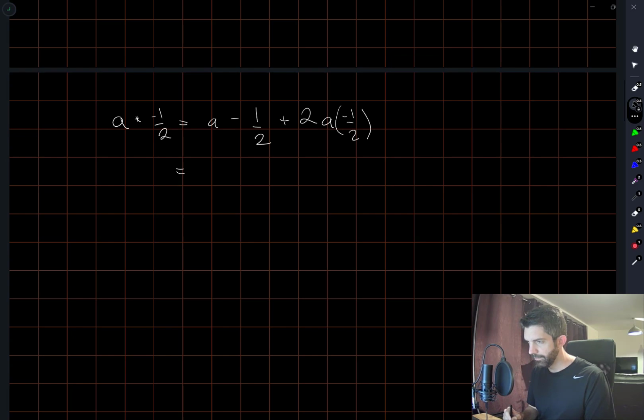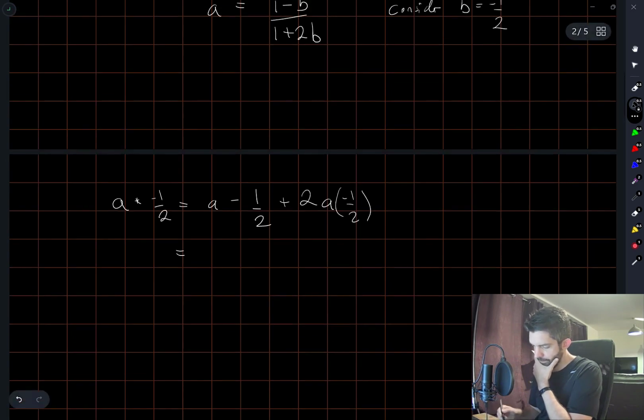So a star negative 1 over 2 is equal to a minus a half plus 2a times negative a half, which is equal to, oh, wait a minute.